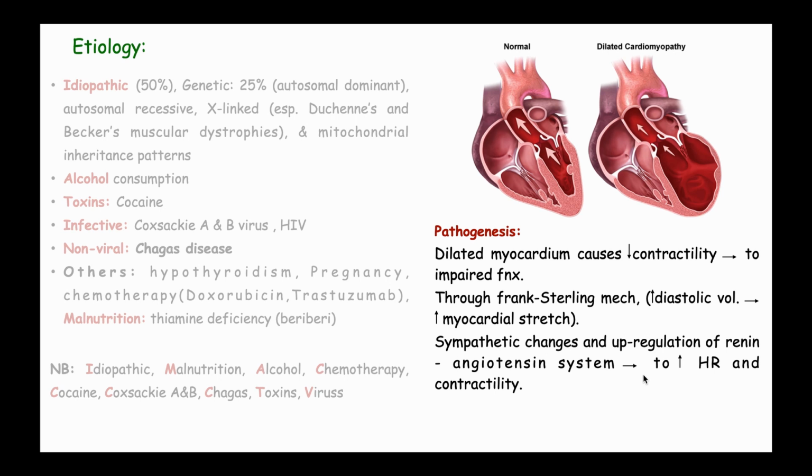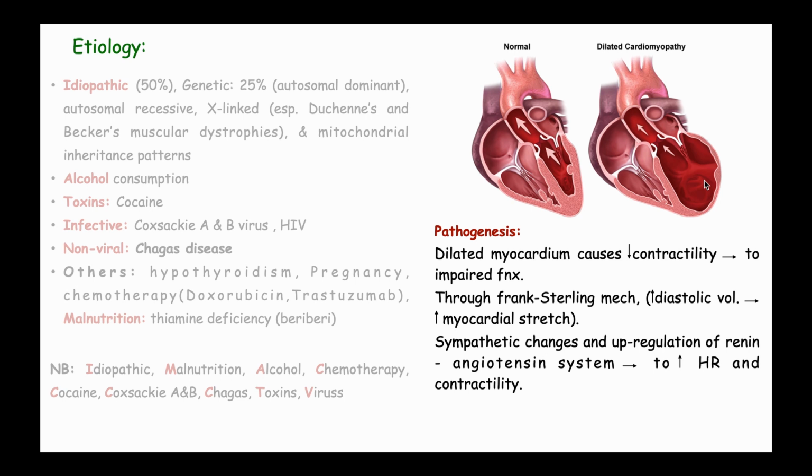How does this occur? I will explain to you. Now, with the left-sided heart failure, as we can see, there is a decreased left ventricular output, because the left ventricle cannot contract well to eject its content out.